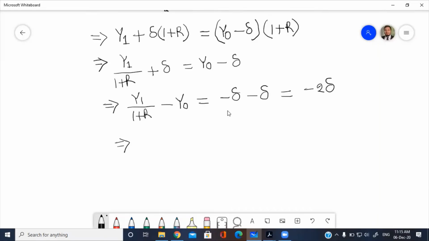Now, if we take minus 1 here, just for representing in good format, is it the same?